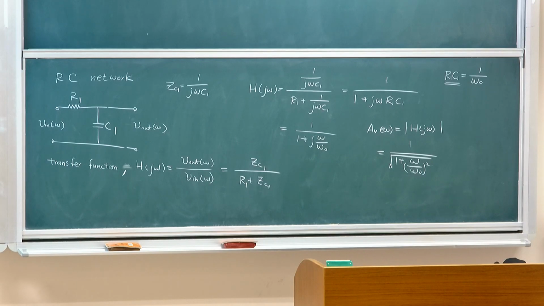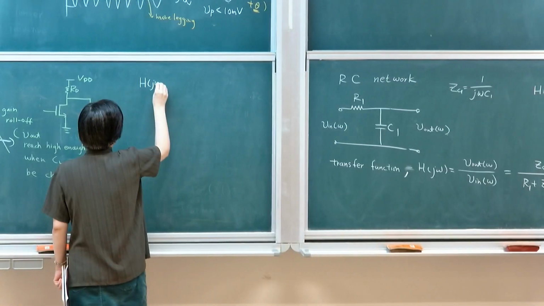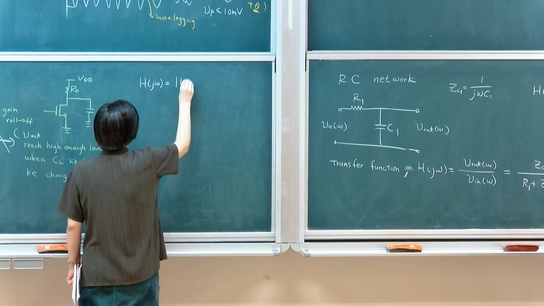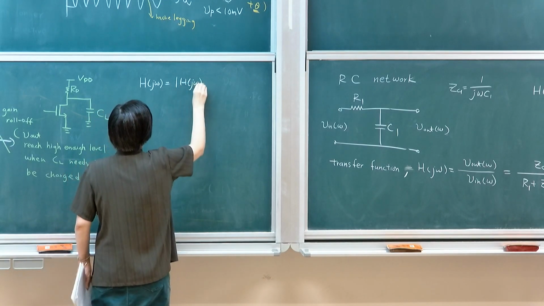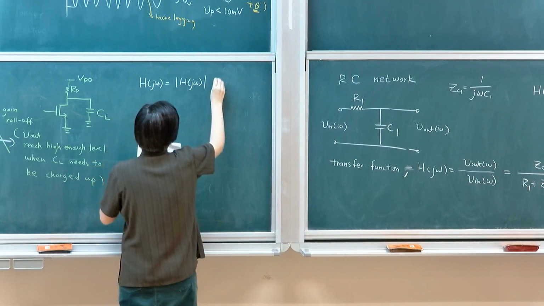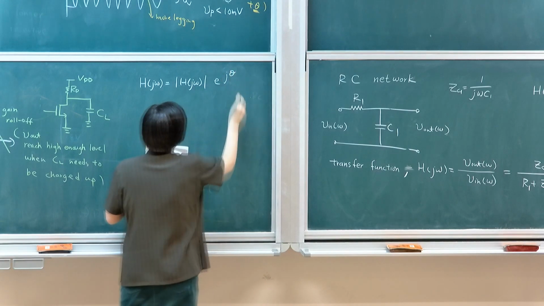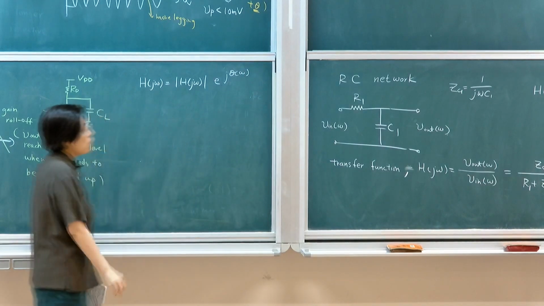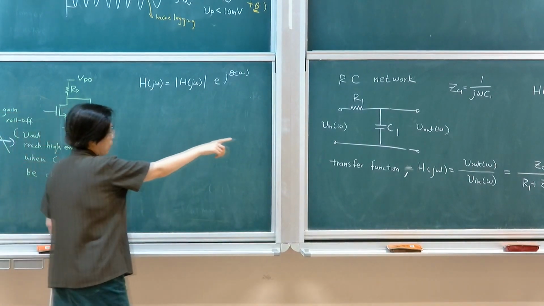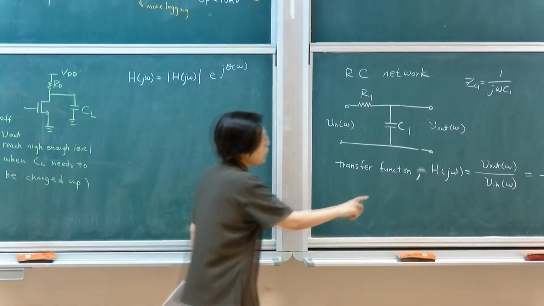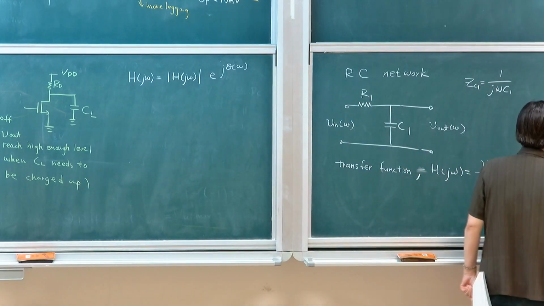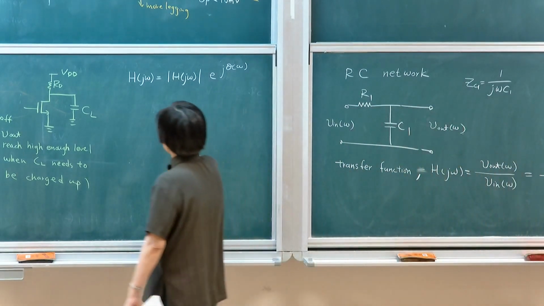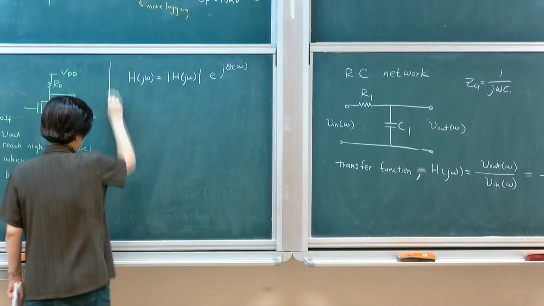So if I ask you to do the plot, a complex number can be represented as its magnitude times e to the j theta. Theta is the phase. So let me write it again.